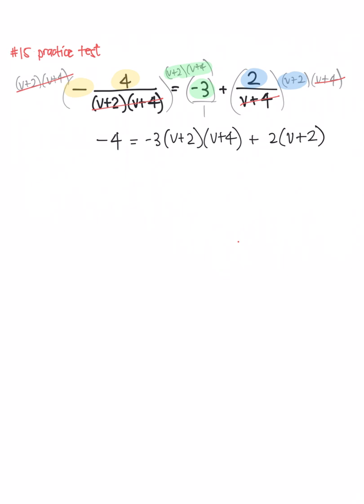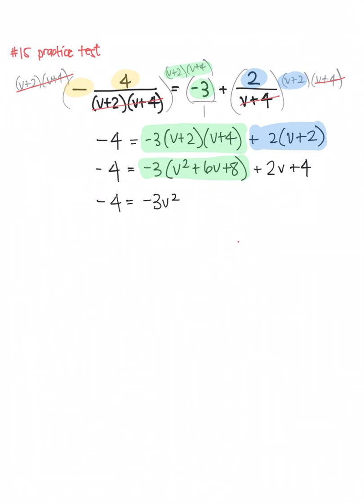The next thing I want to do is multiply all of these things together. I still have more multiplying to do, so I'm going to finish multiplying this. And now I'm going to combine like terms.